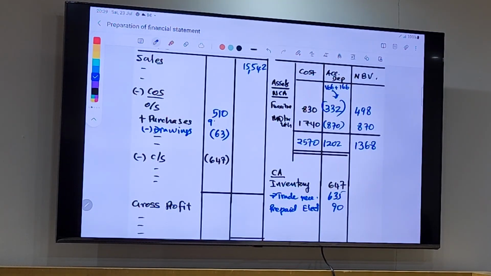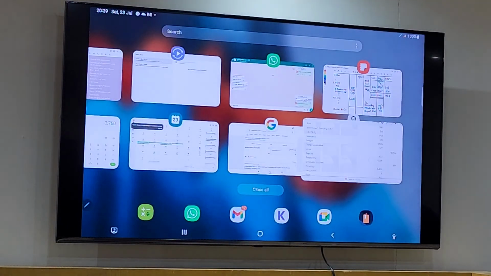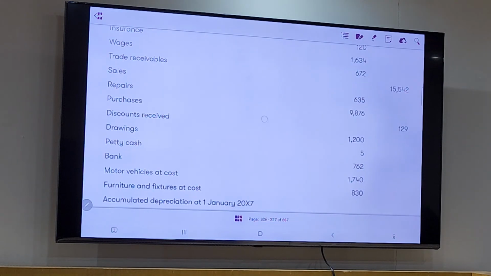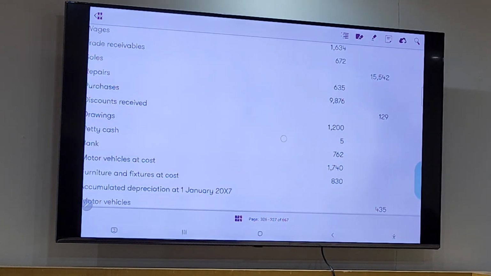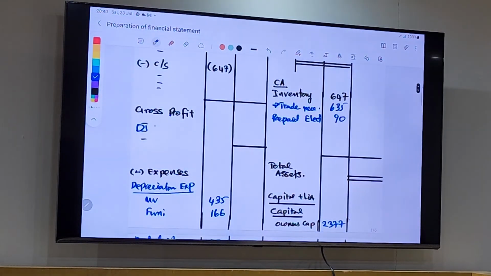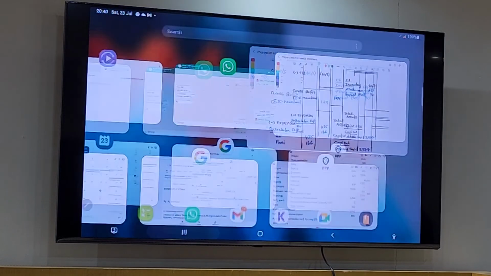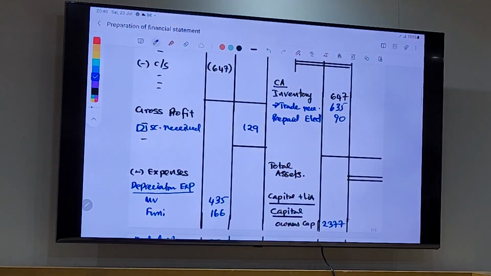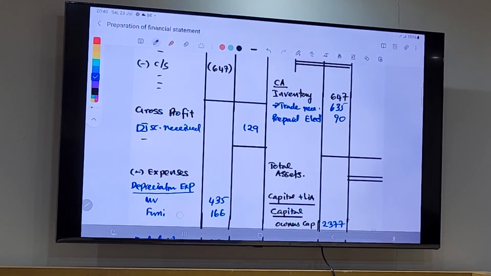Any adjustment to purchases? Then we have discount received. How much? 129. So that will take it here. Oh, this is other income. Discount received is an income, brother. We received discount. So next item.